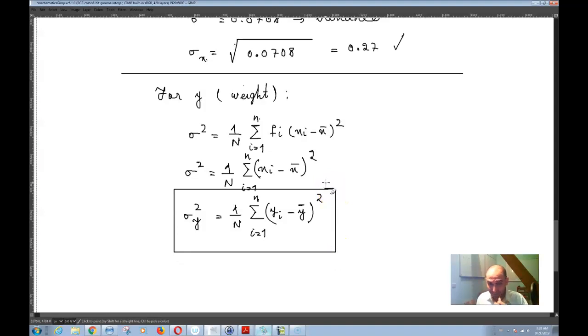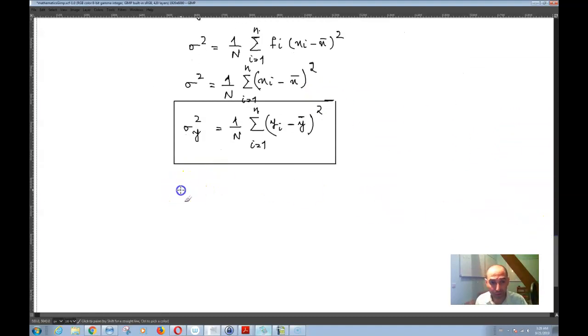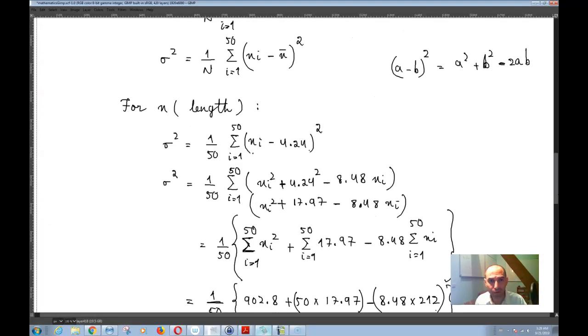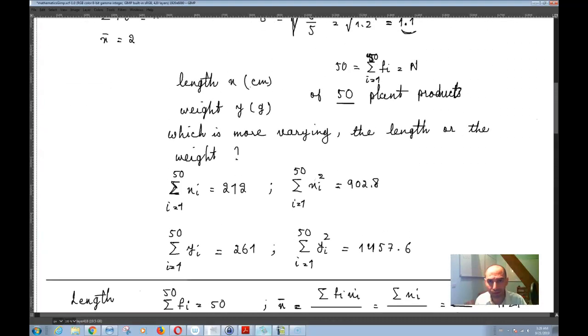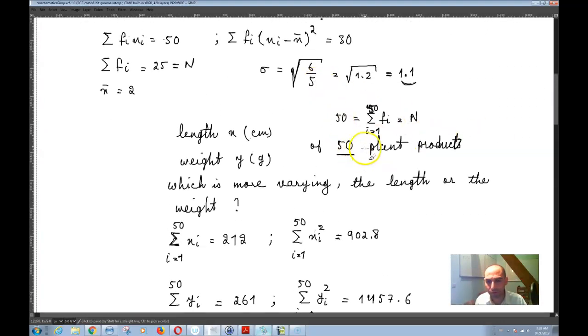Now to calculate this, you know that sigma of y squared is equal to 1 over n. We said that sigma f of y is equal to n is equal to 50.